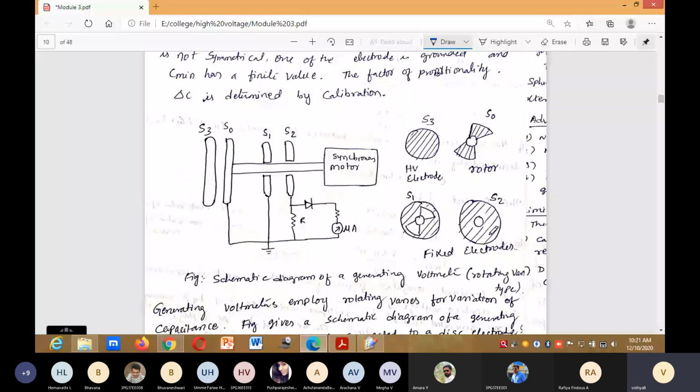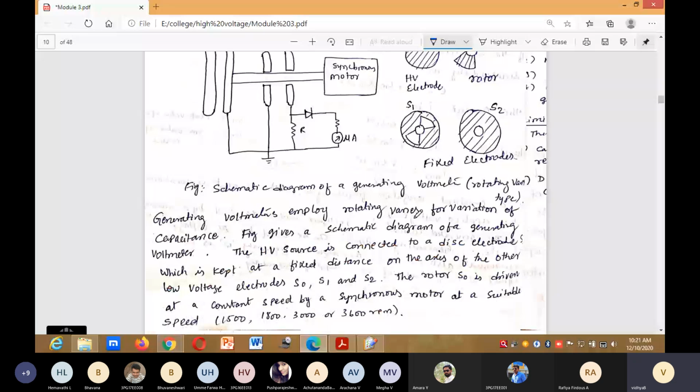Generating voltmeters employ rotating vanes for variation of capacitance. This figure gives a schematic diagram of a generating voltmeter.